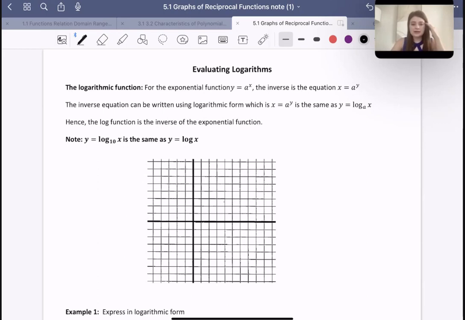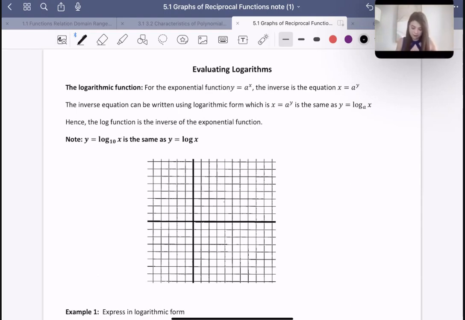And then over here it says the inverse equation can be written as y equals log with the base a of x. So basically the logarithmic function is the inverse of the exponential function. Given what we know about inverses already, that tells us a lot about what we would need to know for this.